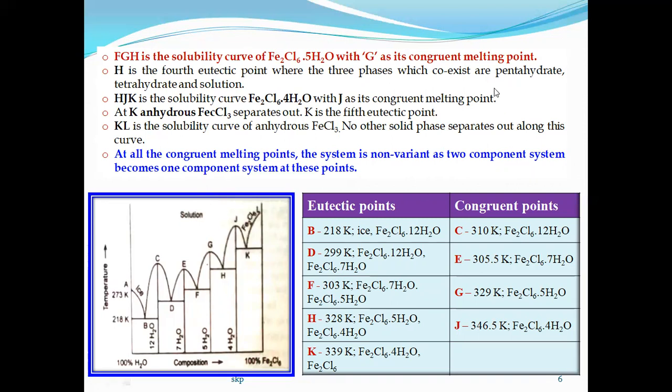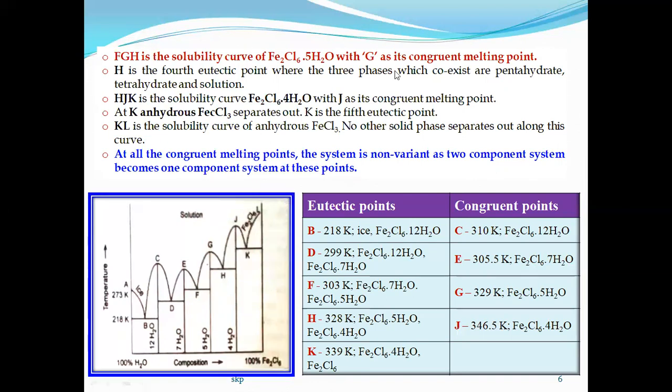At point L, we have the melting point or freezing point of ferric chloride. At all the congruent melting points, the system is non-variant, as the two-component system becomes a one-component system at these points. That's why they are called non-variant. Degrees of freedom will be zero.